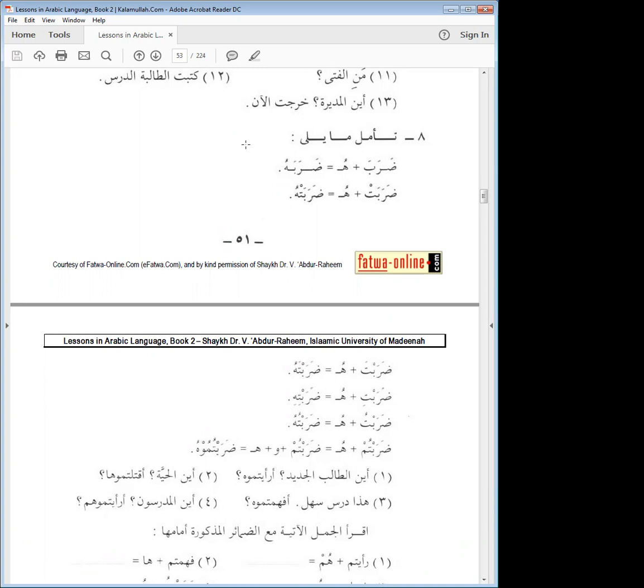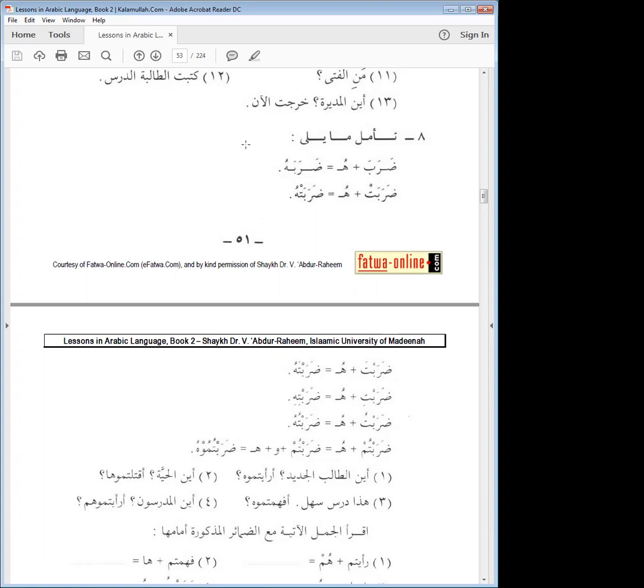They can be maf'ul bihi, right? They can be mudaf ilayh, depending on how they occur, right? In this case, we are looking at them being the maf'ul bihi, that is the thing that is acted upon, right? So in this case, you have the verb daraba.